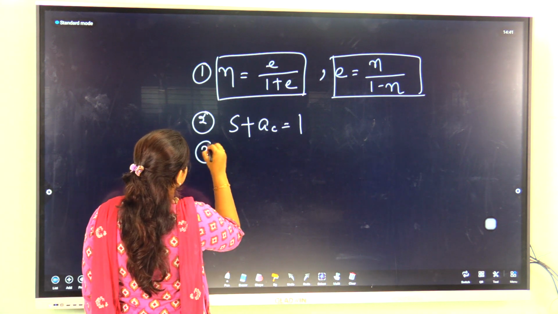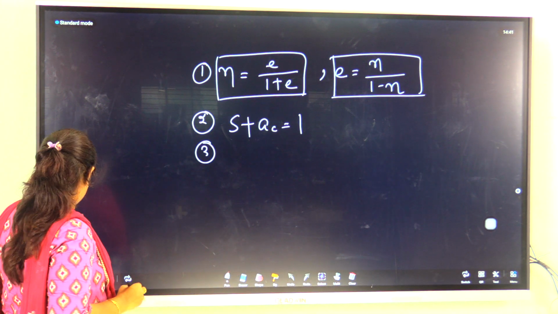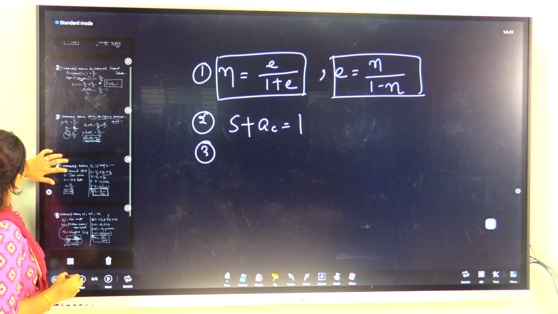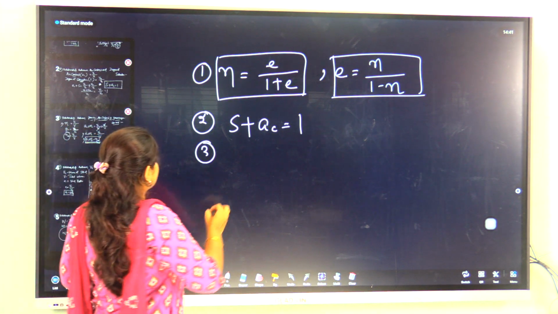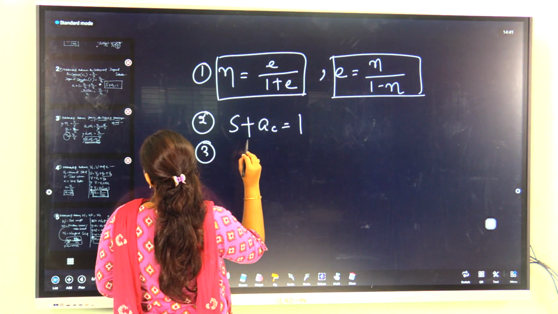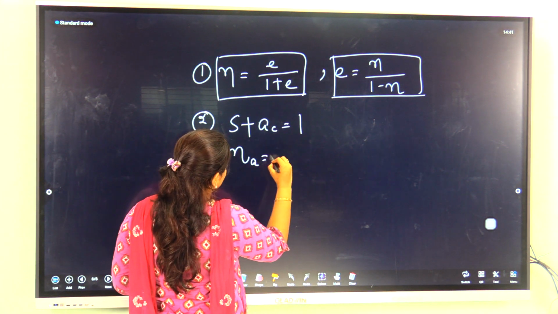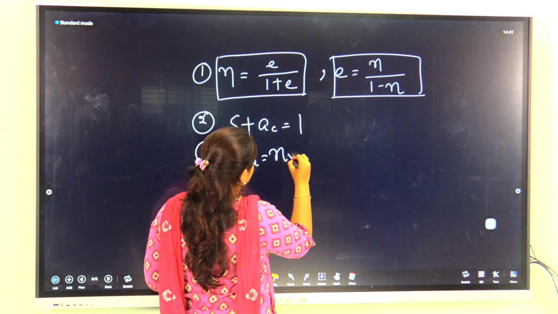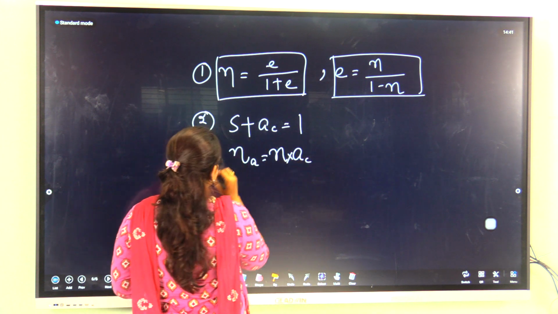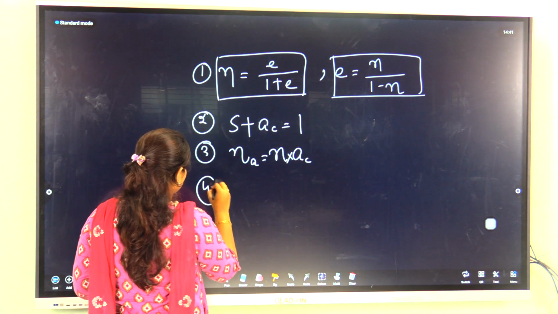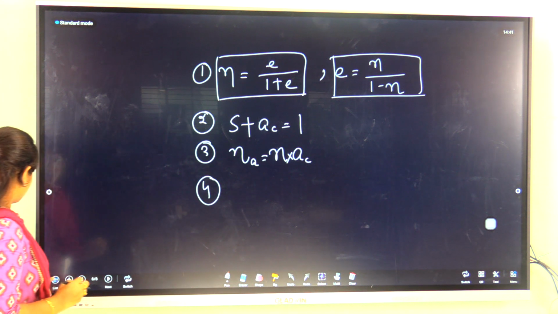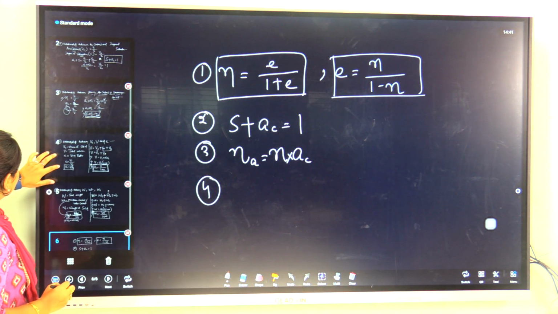From the third relation, we have got what? About porosity, air content and percentage air void. So, eta A will be eta into AC. In the fourth relation, we got what?